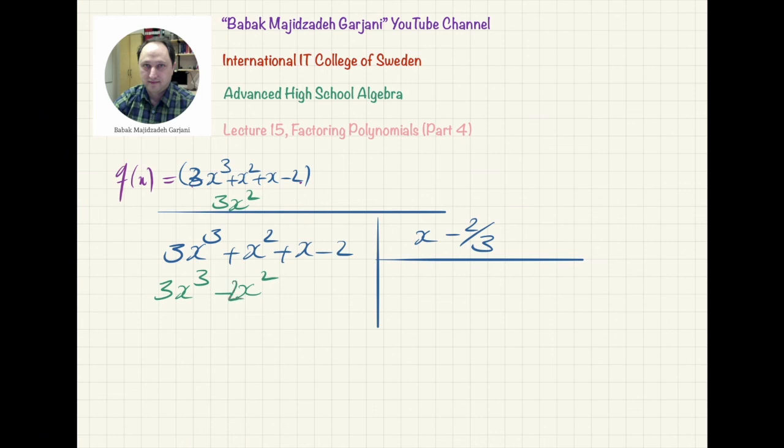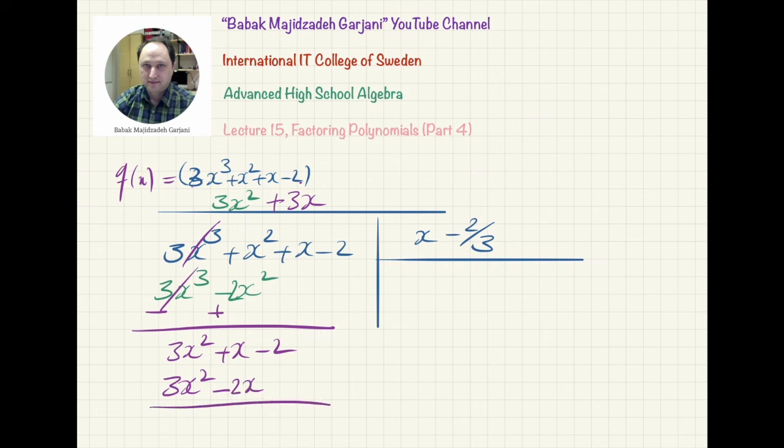If I multiply this by minus 2/3, it becomes minus 2x^2. I will change the signs, negative, positive, and then I add them. This is gone. This becomes positive 3x^2 plus x minus 2. I divide once more. It becomes positive 3x^2 minus 2x.